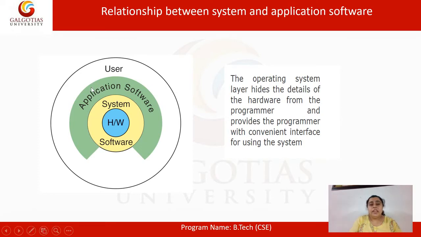Without system software, we cannot have an application software. And the last layer is your user. So the operating system layer basically hides the details of the hardware from the programmer and provides the programmer a convenient way to use the system. That is the work of your system software.